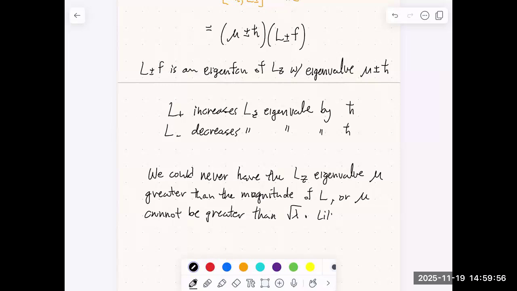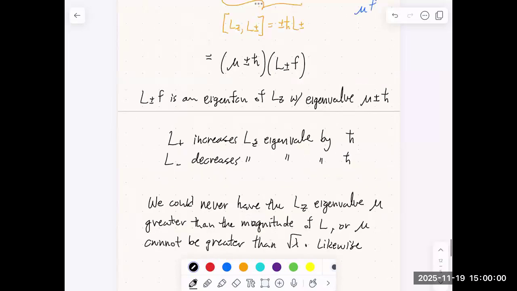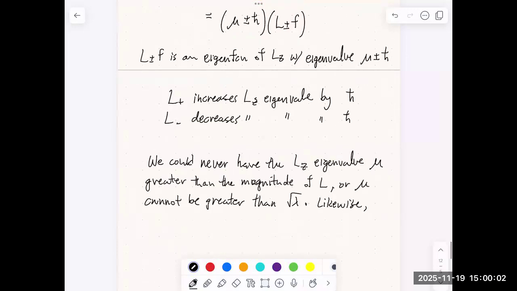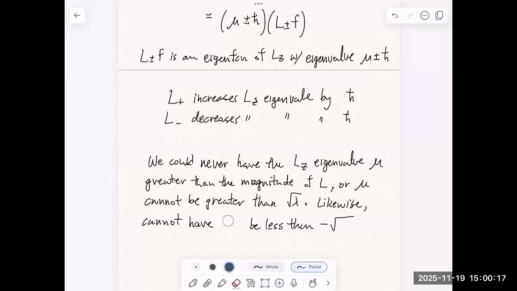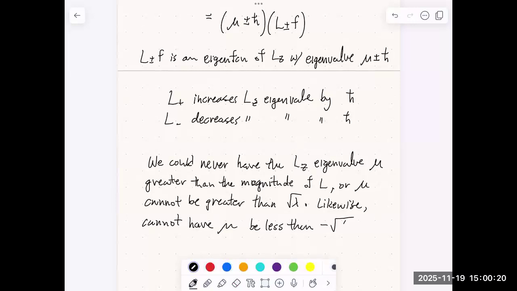Likewise, we cannot have Lz be less than minus the square root of lambda.